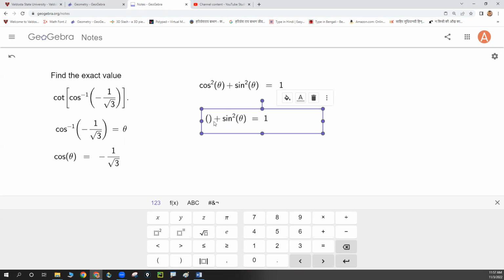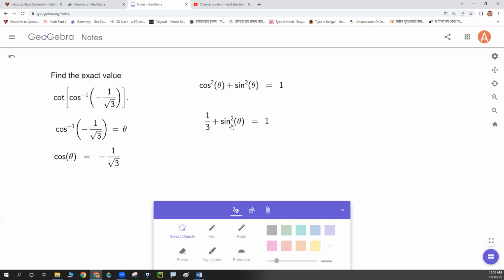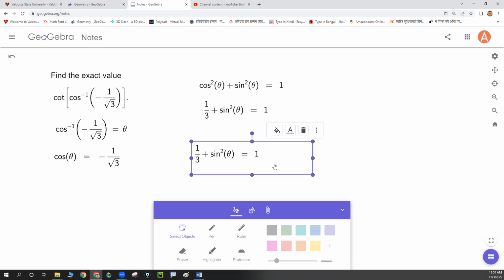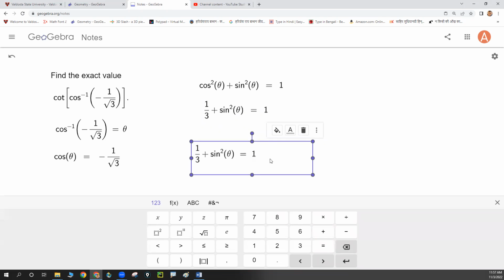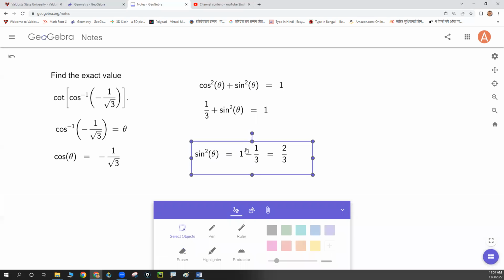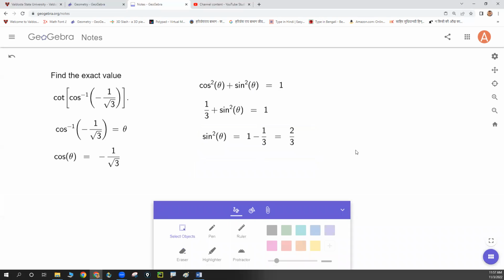Okay, you have to do it carefully and you don't want to mess it up. All right, so far so good. I'm going to subtract 1/3 from both sides. And I'm going to get 1 minus 1/3 is 2/3. Okay, that's all fine.